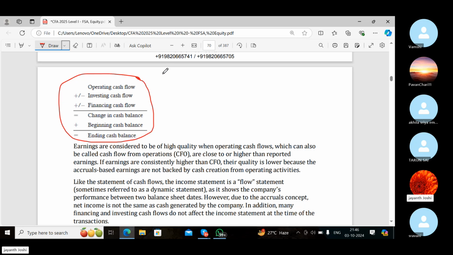You start with operating cash flows, then whatever investing and financing cash flows you have: if it is an inflow you add, if it is an outflow you subtract, in both investing and financing cash flows. Then you can see the change in cash balance here, because when you add and subtract all these three, you get an X amount. To that you add the beginning balance, which should match the ending balance you show in your balance sheet.